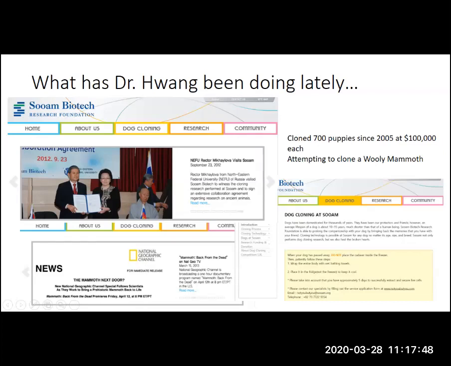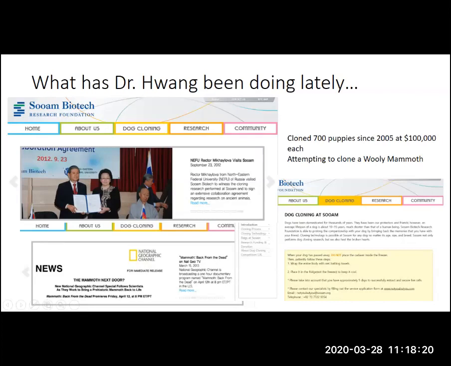So if you have a dog that you really like and you would like to have another one that's exactly the same, they're able to clone it. They've actually developed a technique where, if they get cells from a dead dog within a set period of time of the dog dying, they can take the DNA from that dead dog and clone a new puppy of it. That group has done about 700 puppy clones since 2005 at about $100,000 each.